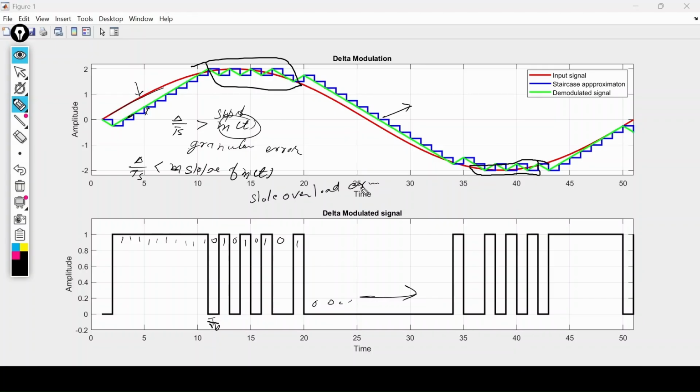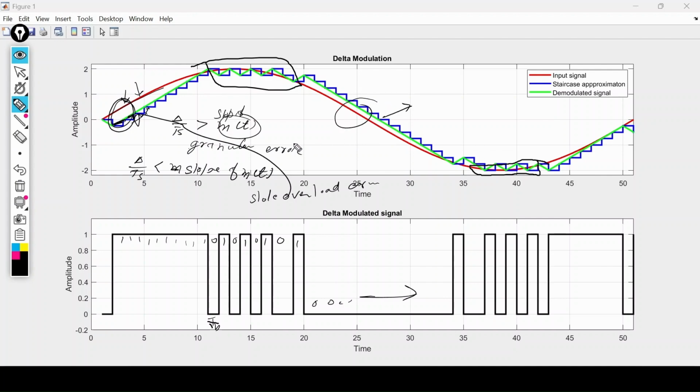Slope overload error. Here the message signal slope is greater than this slope, which is represented by the green line. So you can say that slope overload error is occurring in this part, and here, this is also.